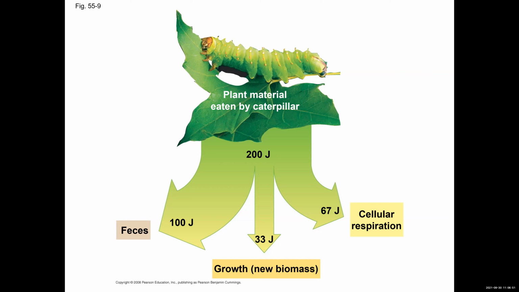So poop. So that energy is being removed from the tree. It's being returned to the environment where it's going to be put onto the soil, and the material is going to be decomposed, and those nutrients are going to be returned to the soil. So it isn't gone from the ecosystem. It just doesn't go into the body of the caterpillar, right?